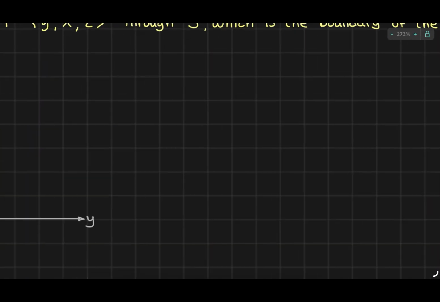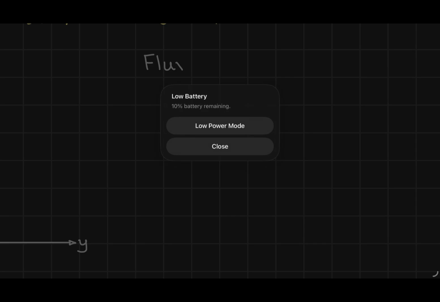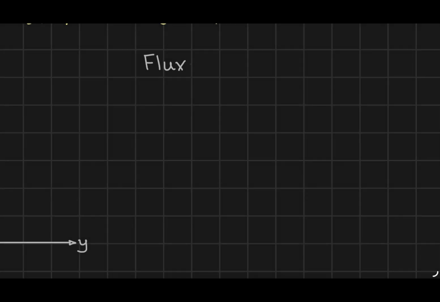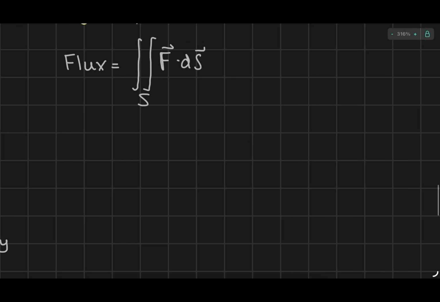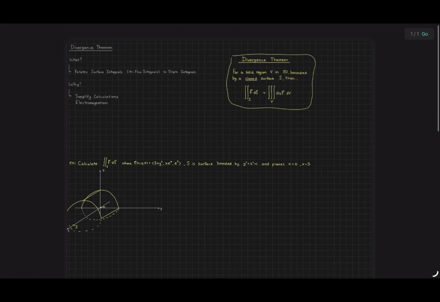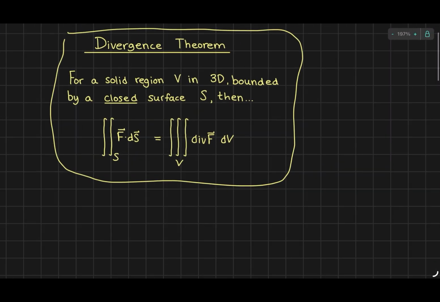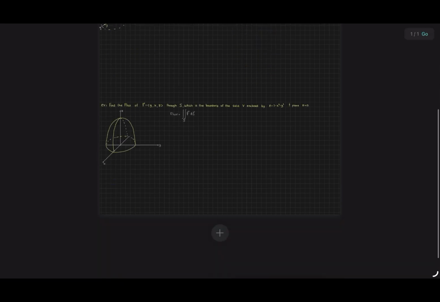So conventionally, how we find the flux would be this vector surface integral here over some region S. But using our divergence theorem here, we know that that flux integral is actually going to be equal to a triple integral of the divergence of our vector field.